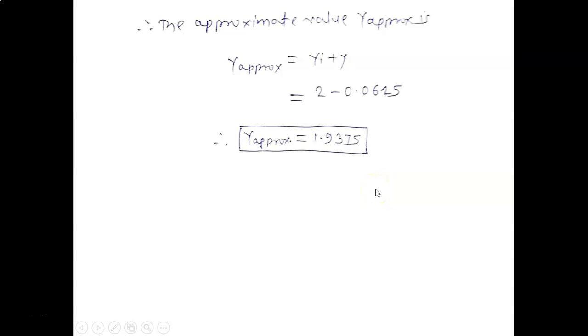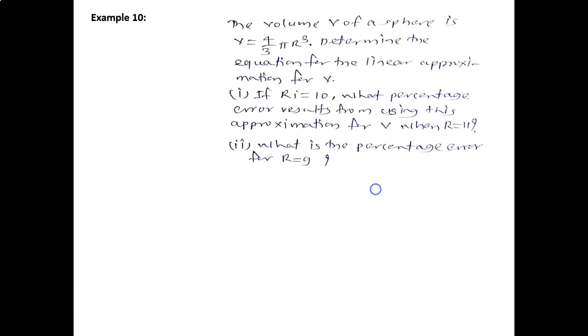Now, next problem. Example 10. The volume V of a sphere is V is equal to 4 by 3 pi r cube. Determine the equation for the linear approximation for V. First, if Ri is equal to 10, what percentage error results from using this approximation for V when R is equal to 11?